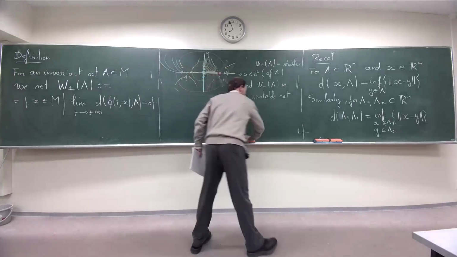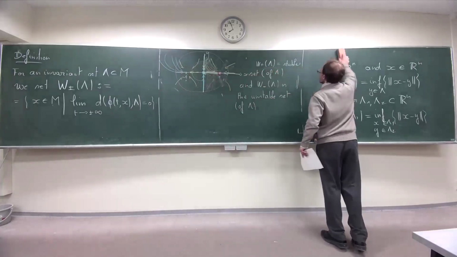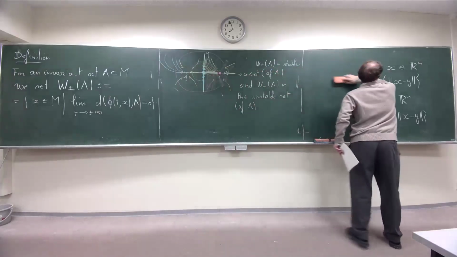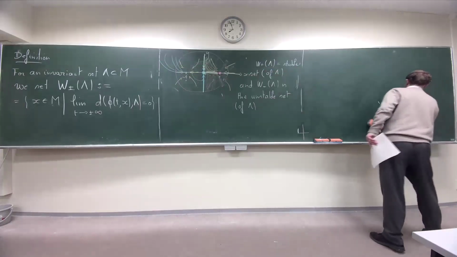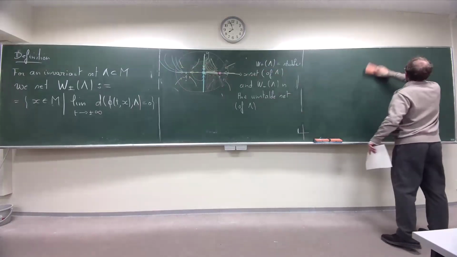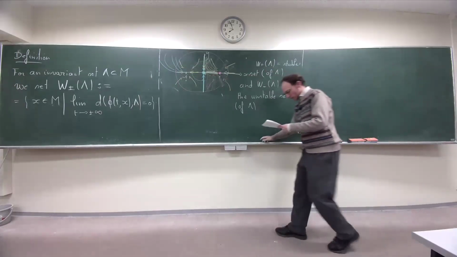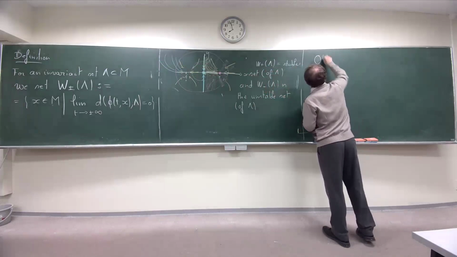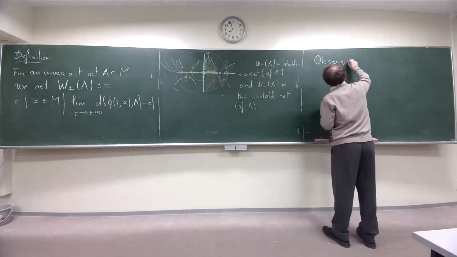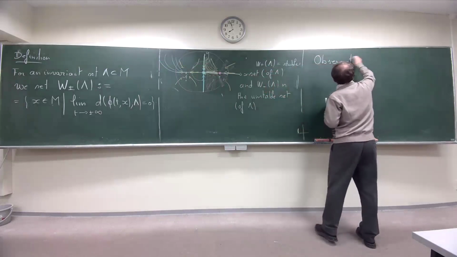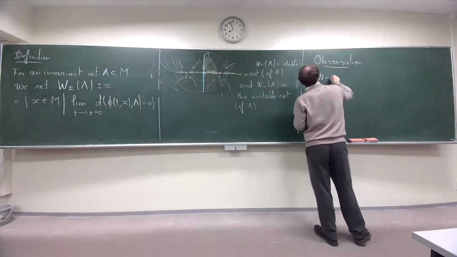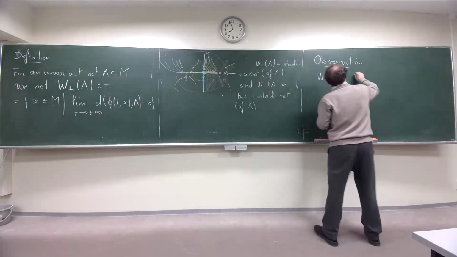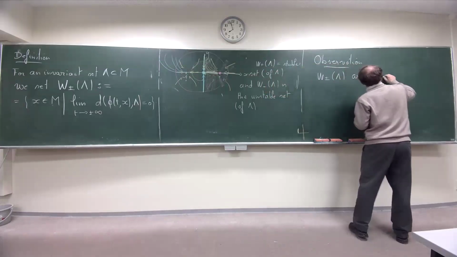And there are one or two observations. One observation is that these W plus or minus of lambda are invariant sets.